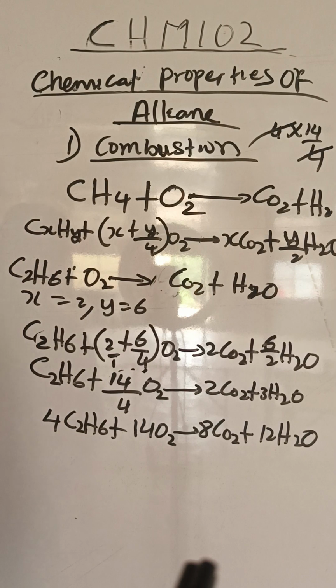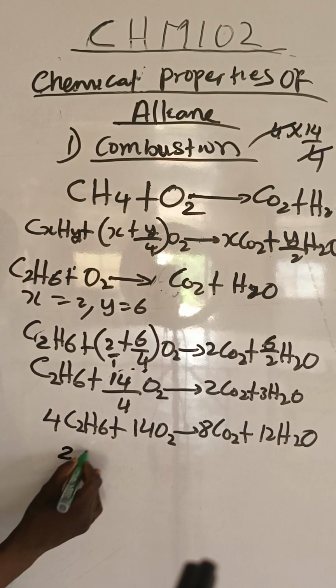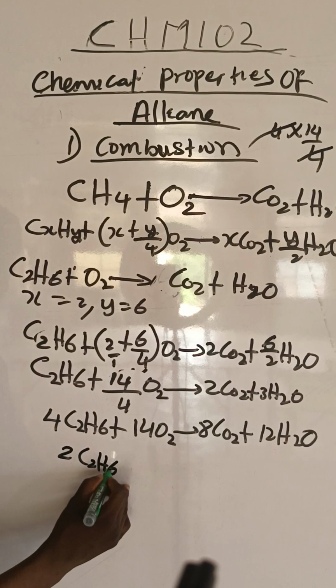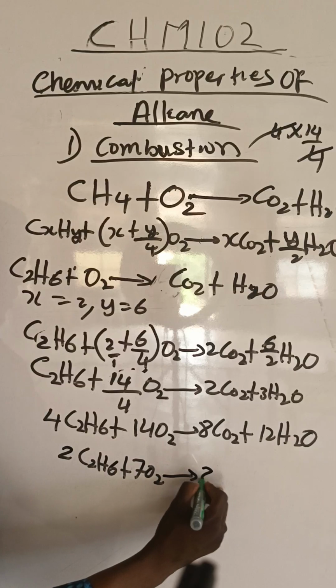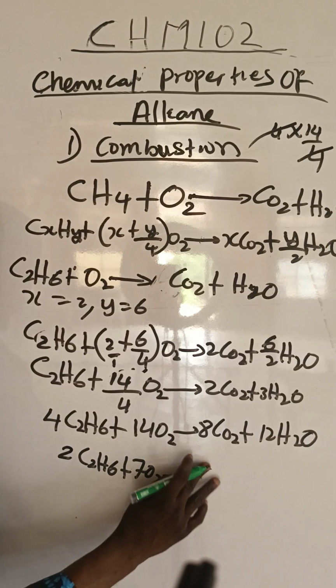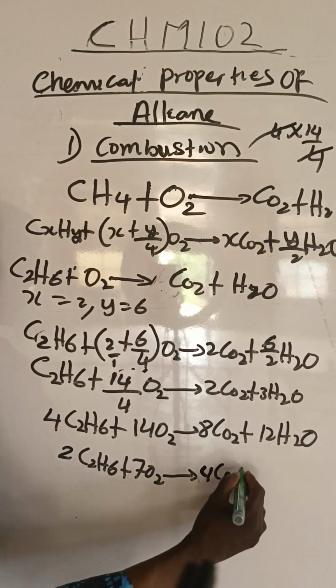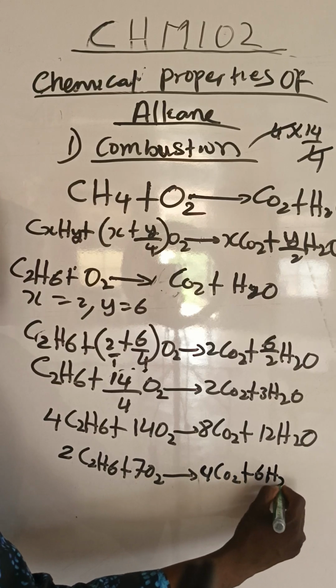Now, if you take a look at it very well, let's divide everything by 2. That will be 2C2H6 plus 7O2 to give 4CO2 plus 6H2O.